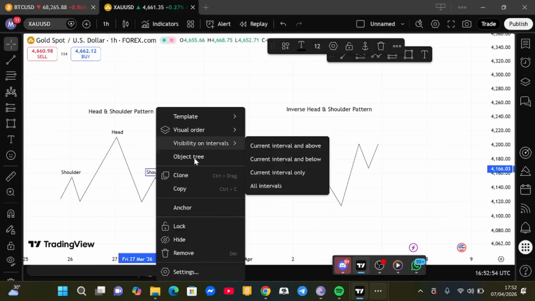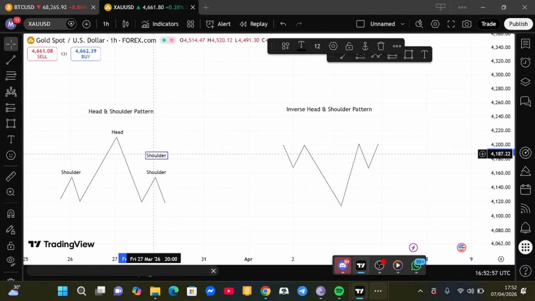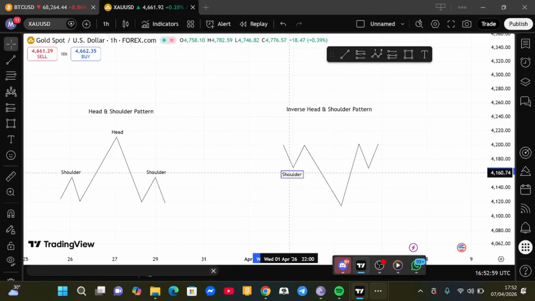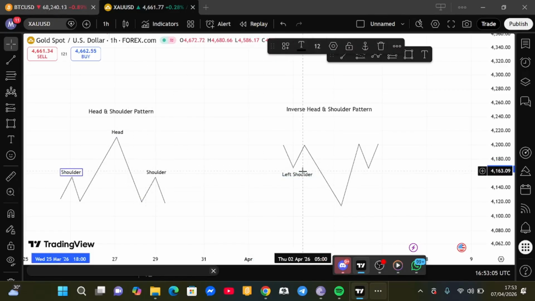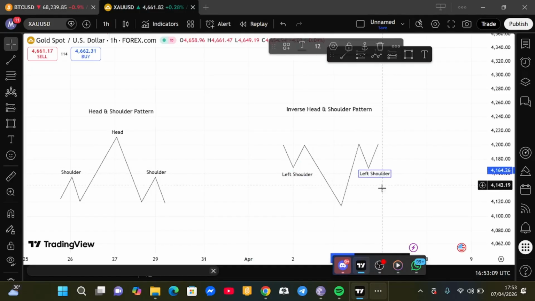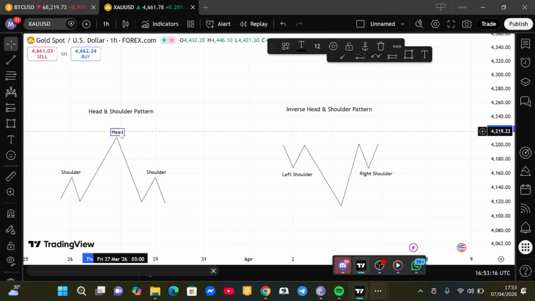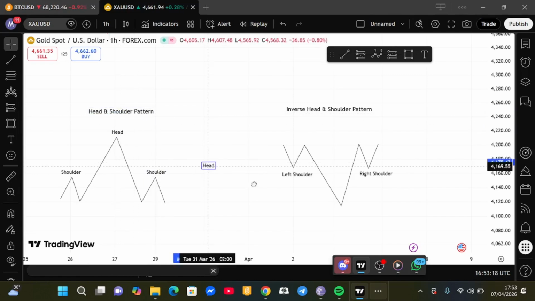So in the same way, this becomes your shoulder. So we call this your left shoulder, right shoulder, and then you have your head.